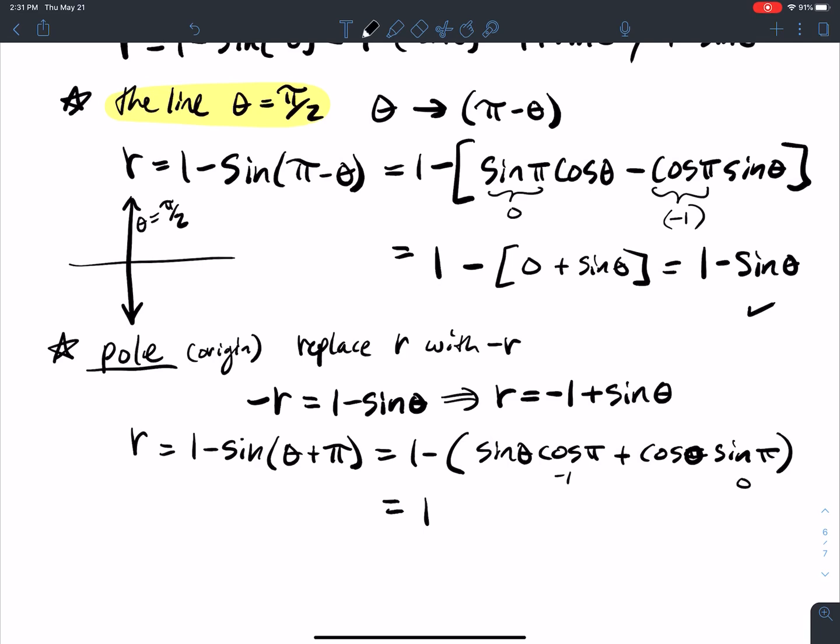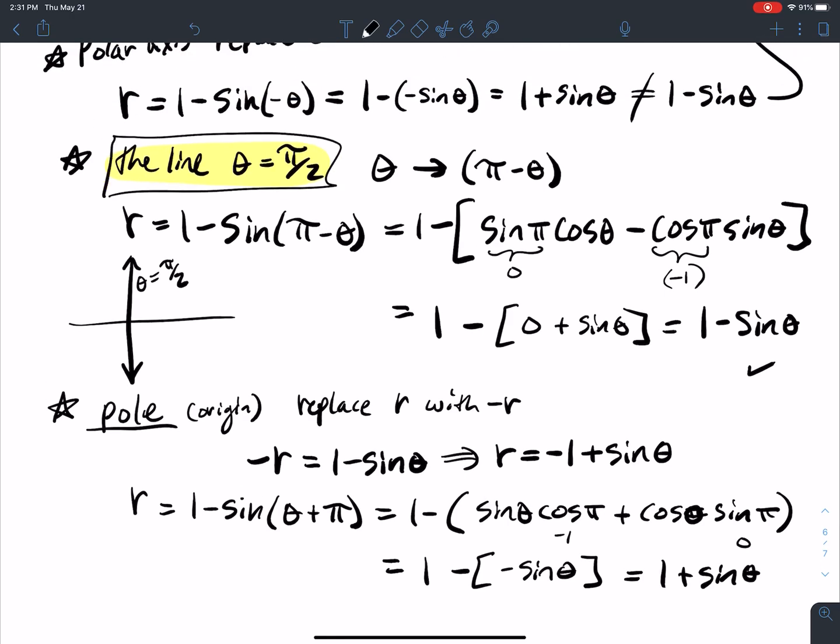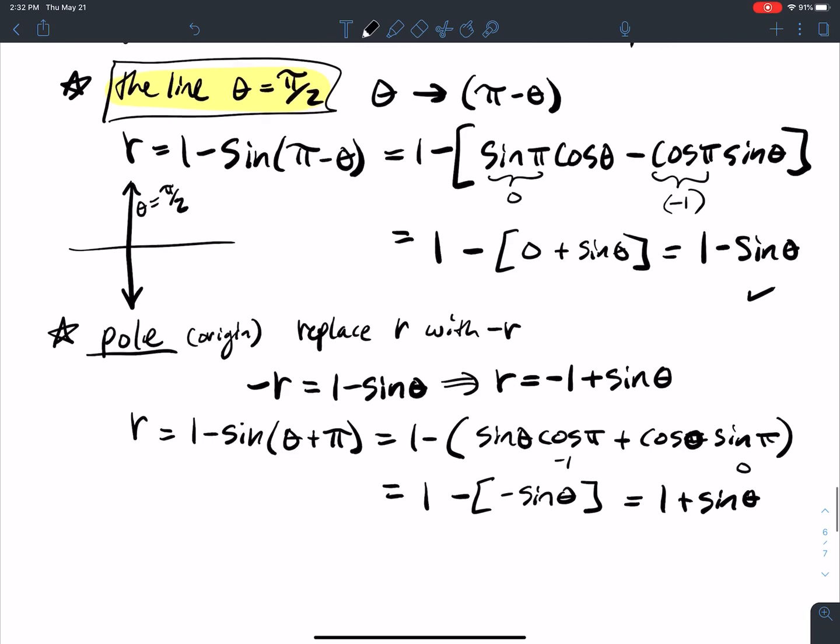So this gives me 1 minus negative sine theta, which gets me 1 plus sine theta. This test fails too, so maybe it's not symmetric with respect to the origin. But we do know it's symmetric with respect to the y-axis.